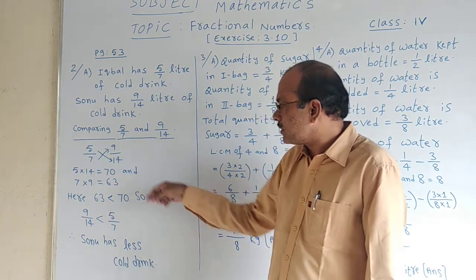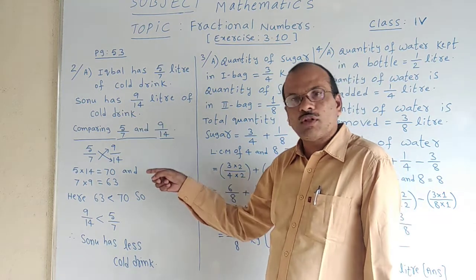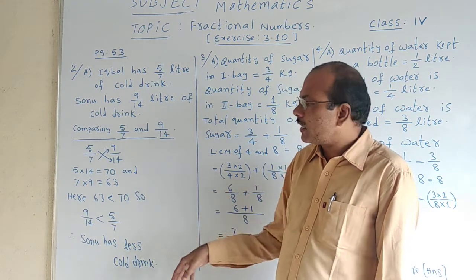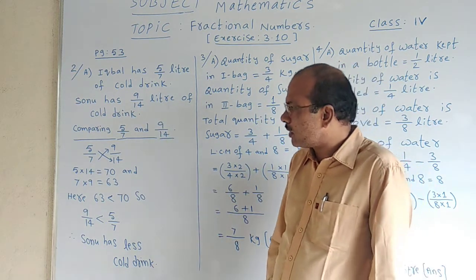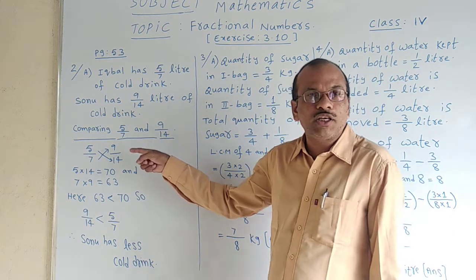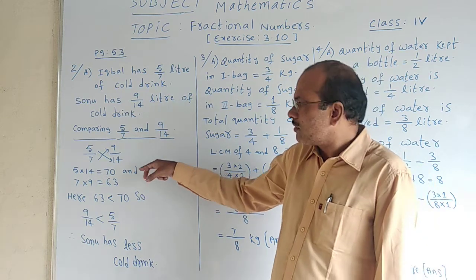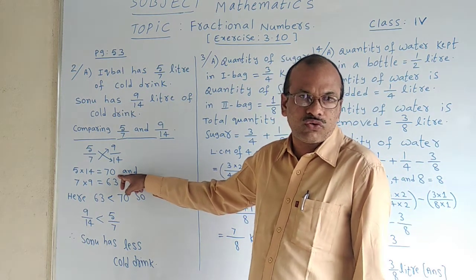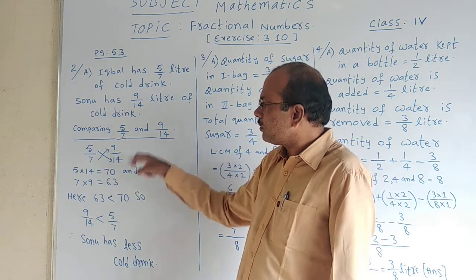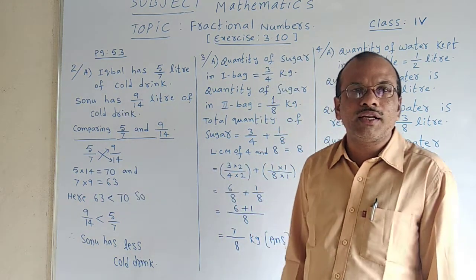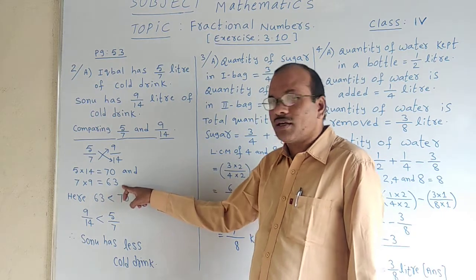Arrange arrow marks from 5 to 14. Arrange one arrow mark. Again from 7 to 9. Now see here. 5 into 14 is 70. And 7 into 9 is equal to 63.